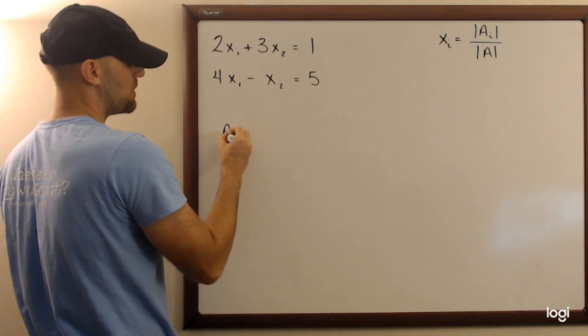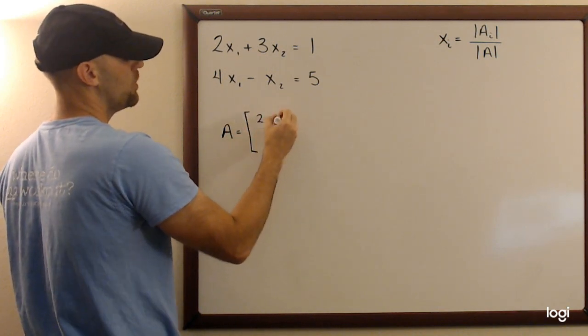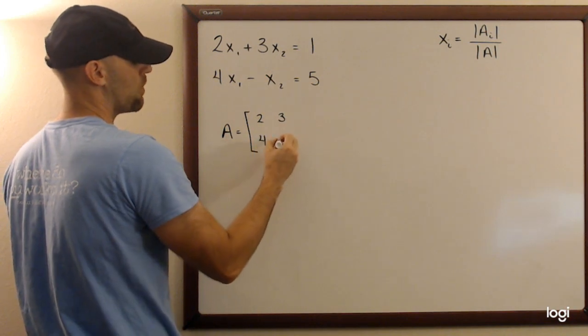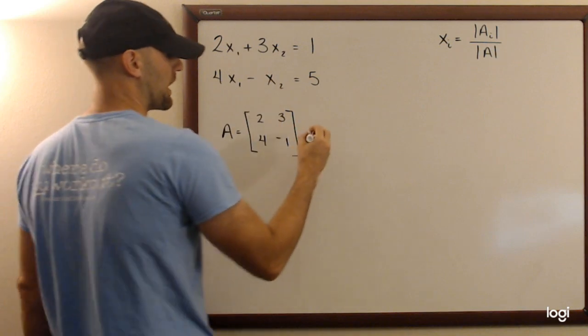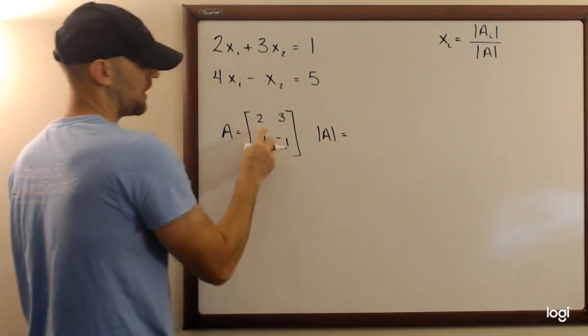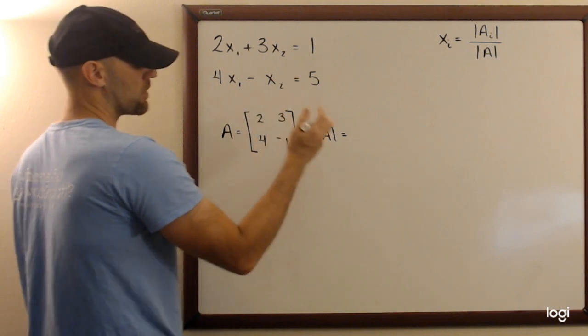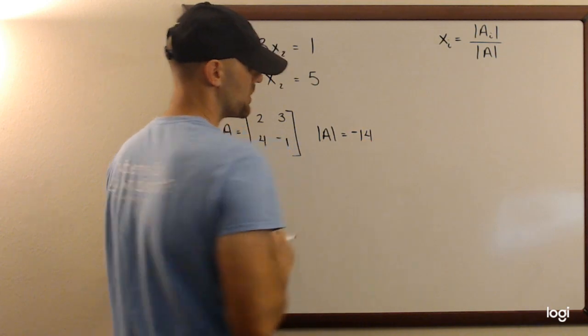So in this particular case, A would be 2, 3, 4, -1. The determinant of which is fairly easy to compute here. The determinant of A would be 2 times -1 is -2, minus 4 times 3, that's -2 minus 12, that's -14.